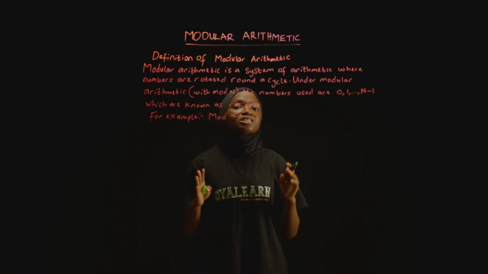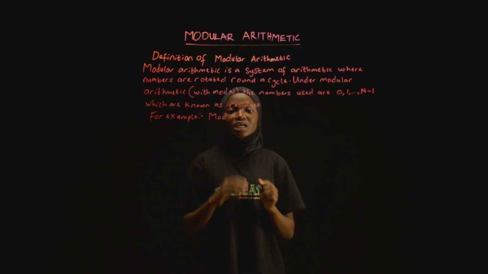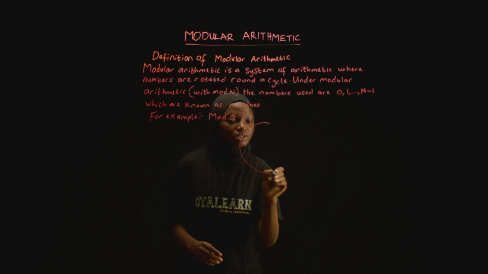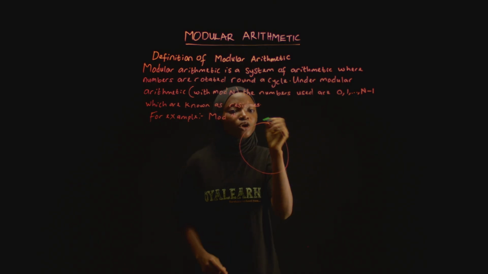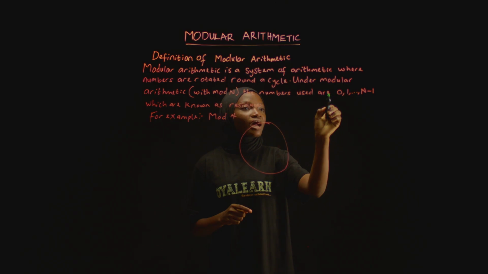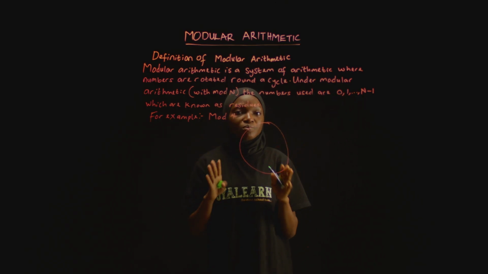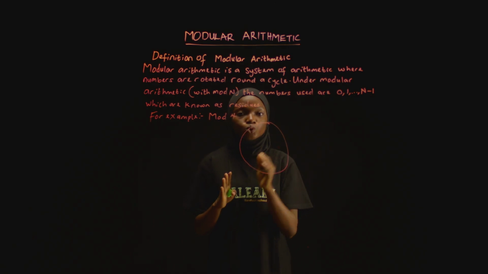Now, modular arithmetic is a system of arithmetic where numbers are rotated round a circle. If you're looking at mode 4, we have a circle. Numbers are rotated round the circle. And we know that the only digits you can have are 0 to n minus 1. That is, in mode 4, the only possible digits we can have are 0 to 3.